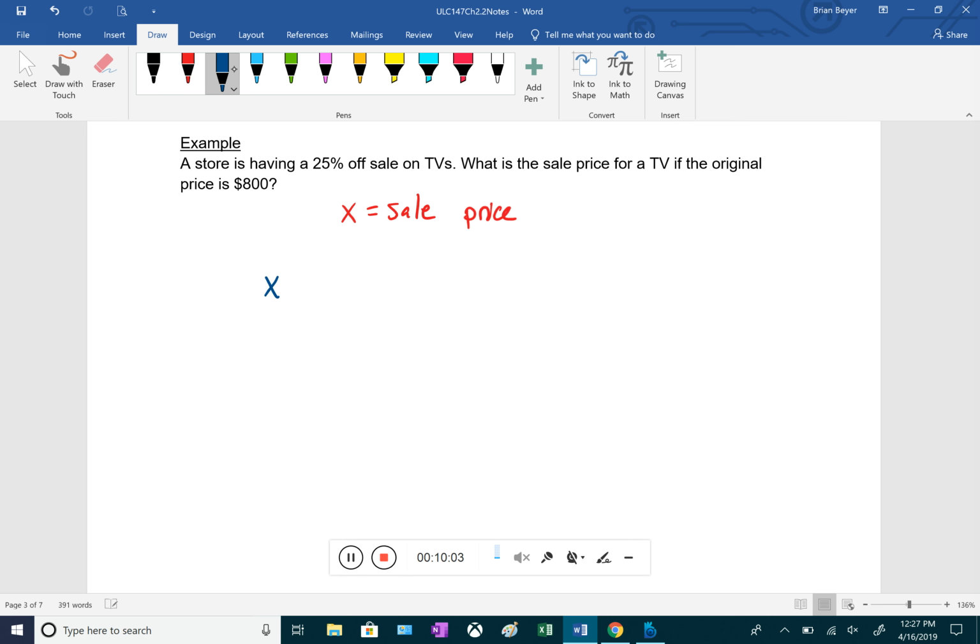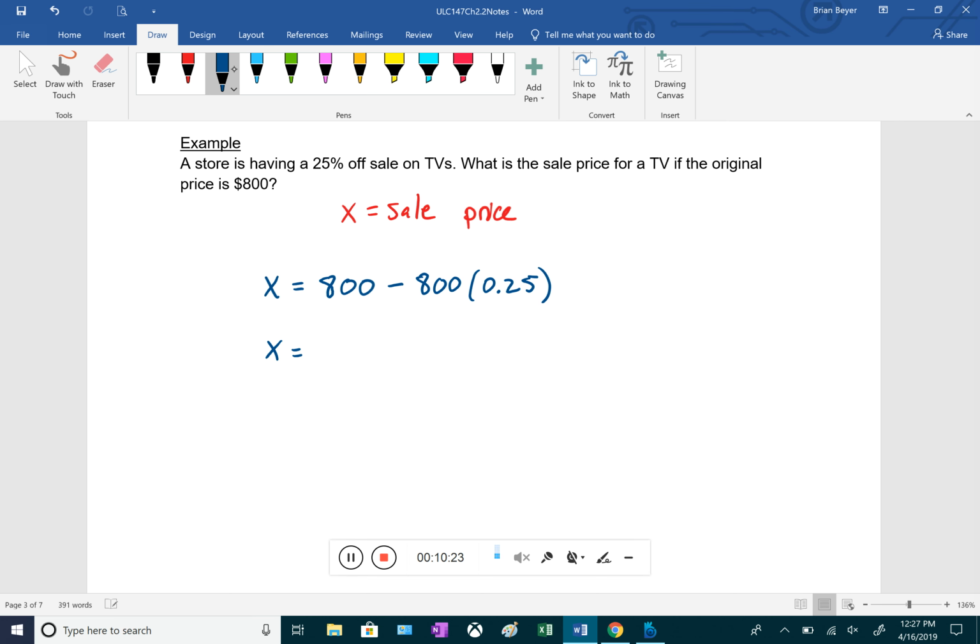So X is going to be the original price minus 25% of 800. 25% of 800 is 800 times 0.25. So 25% as a decimal is 0.25.